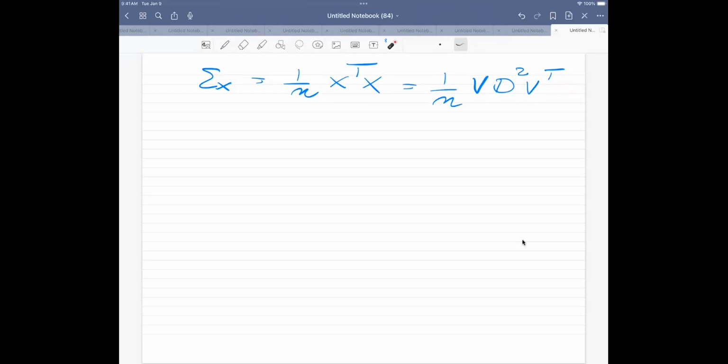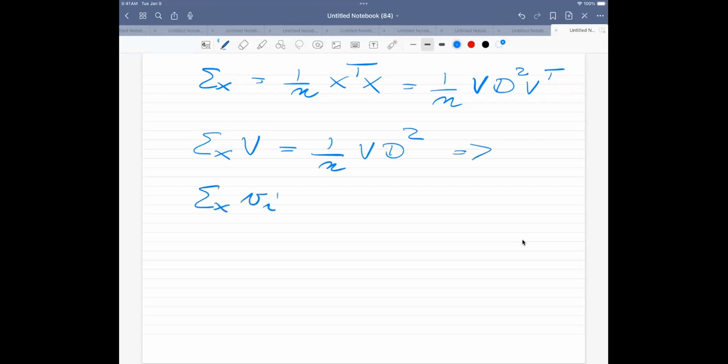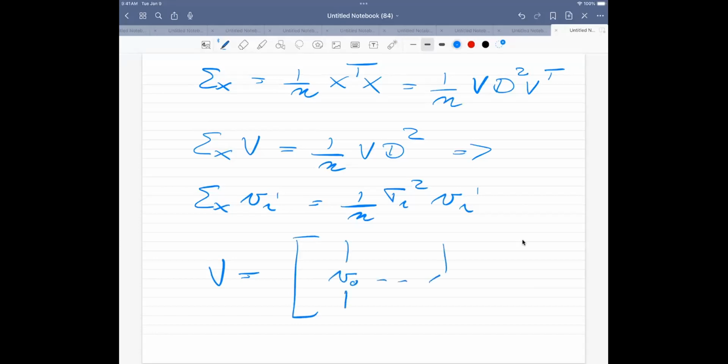And then we get that sigma x times V is the same as 1 over n times V times D squared, which again led to sigma x multiplied with one of these vectors, which was 1 divided by n, and it's actually sigma i squared times v of i. And this matrix V is just the set of orthogonal vectors up to V of p minus 1.